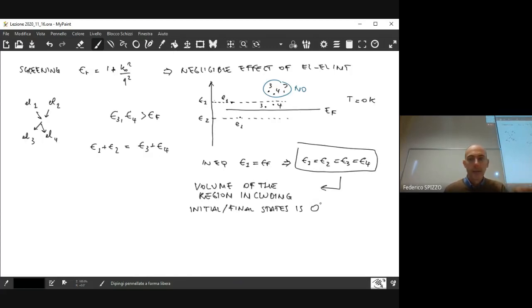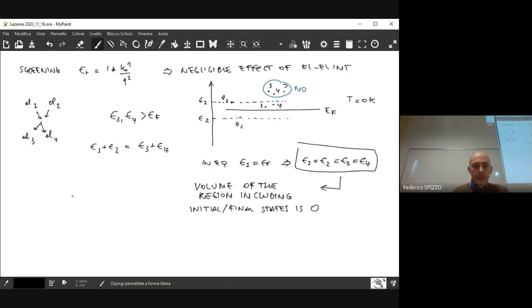So from the point of view of the interaction, you may conclude that you have the possibility to observe an interaction, but the volume of the phase space that corresponds to that interaction is 0. When you try to evaluate the contribution of that scattering and you make any integral over the volume, you integrate over a volume that is 0. So you have no contribution from this mechanism to the scattering.